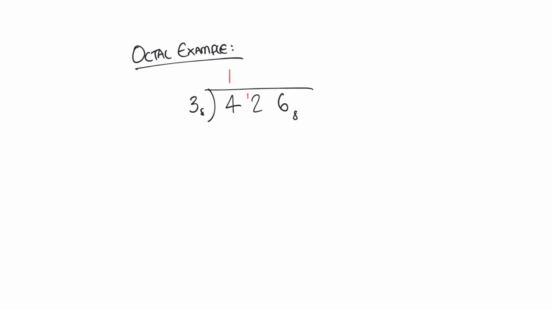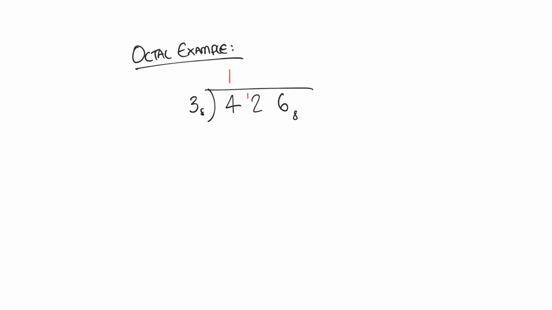So I want to pause at this point because this is a common stage where mistakes are made. The temptation is to say, well, our next division is going to be 12 divided by 3. And the reason why this is a problem is because we're dividing our numbers in a sort of conventional decimal sense, but this number here is not the number 12, because remember we're in the octal system.